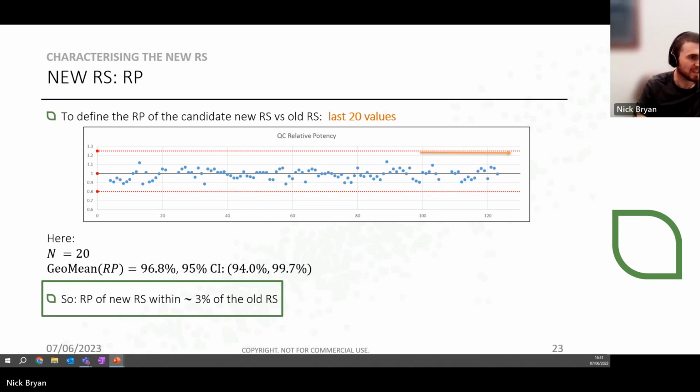This gives us a slightly different mean and confidence interval, and based on this, our offset value would actually be closer to 3% away from the old reference standard.